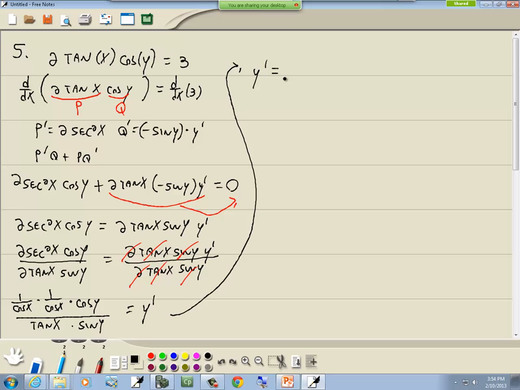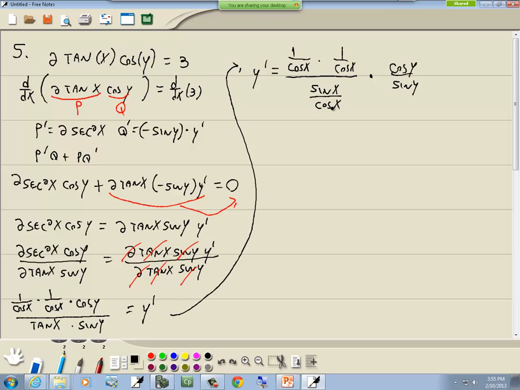Now, tangent is sine over cosine. So we'll have 1 over cosine times 1 over cosine over tangent, which is sine over cosine. So sine x over cosine x times cosine y over sine y.